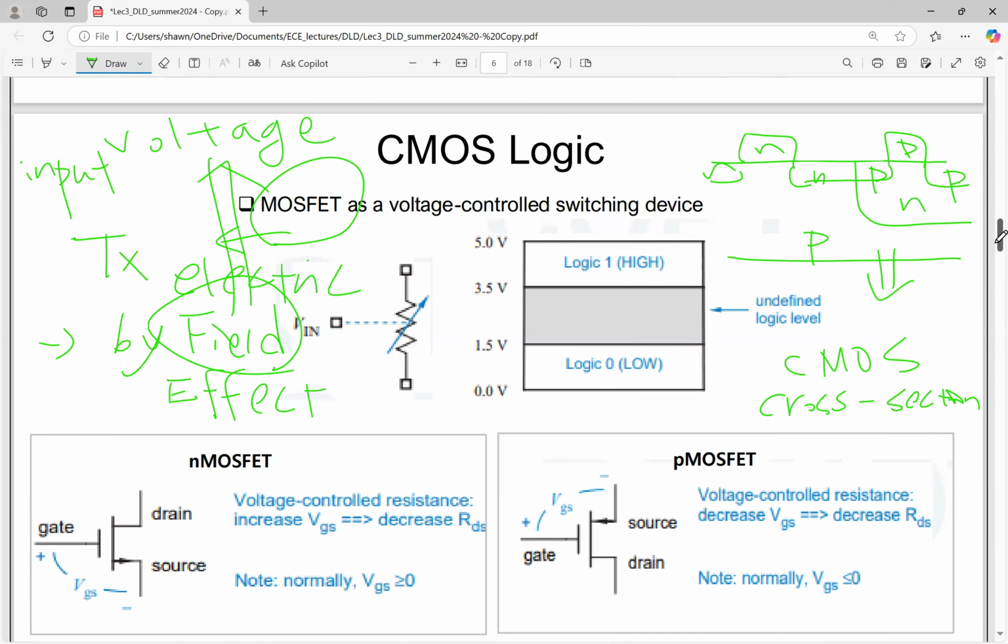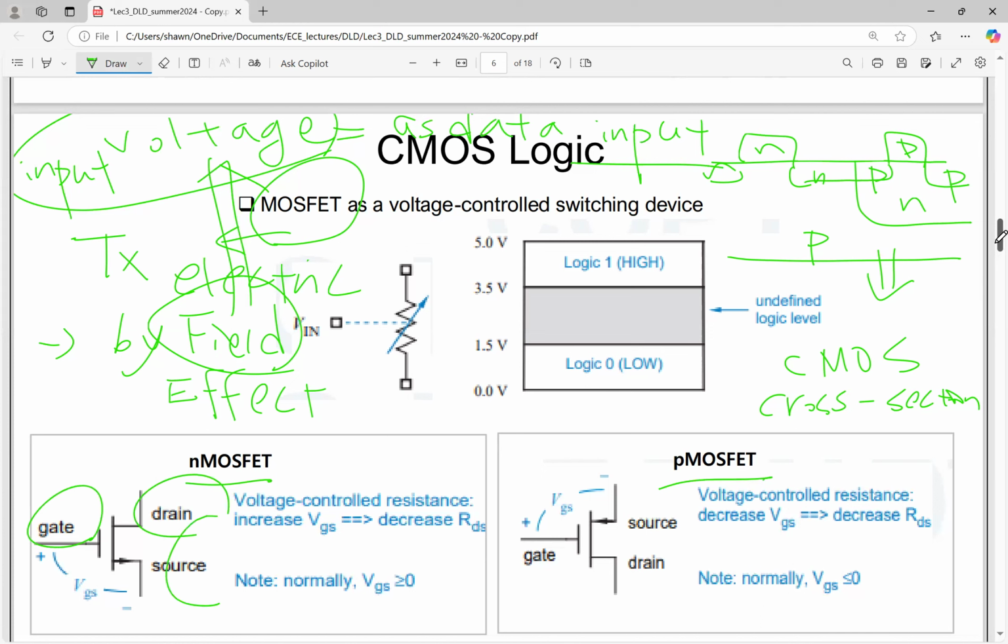So how do we apply this input voltage as a data input? We need the input terminal. As you can see, the NMOSFET and the PMOSFET have three different terminals: gate, drain, and source.